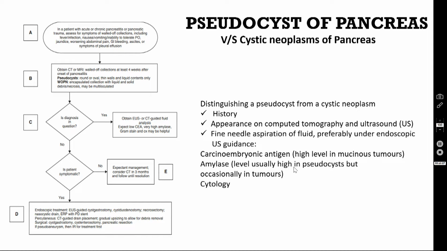Amylase level is usually high if it is a walled-off collection, but only very occasionally is it increased in case of the neoplasm. And the cytology is also very important. You can send it for Papanicolaou stain for any cancer cell. This is also very important.